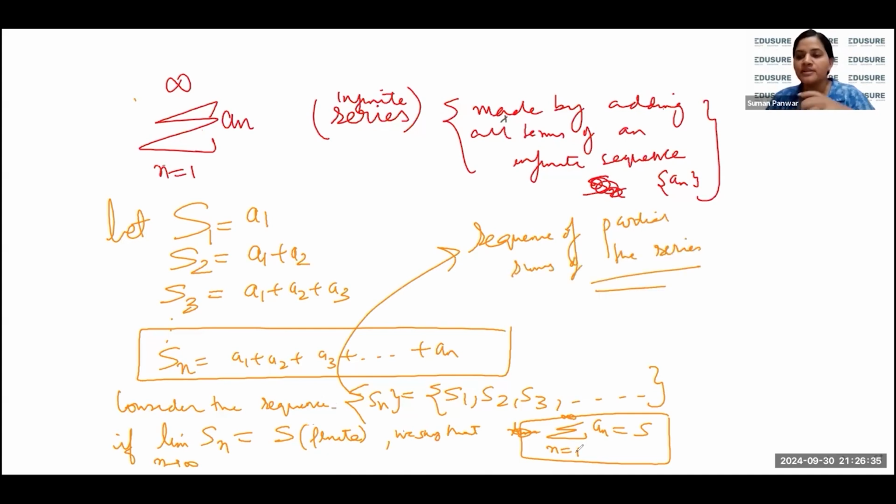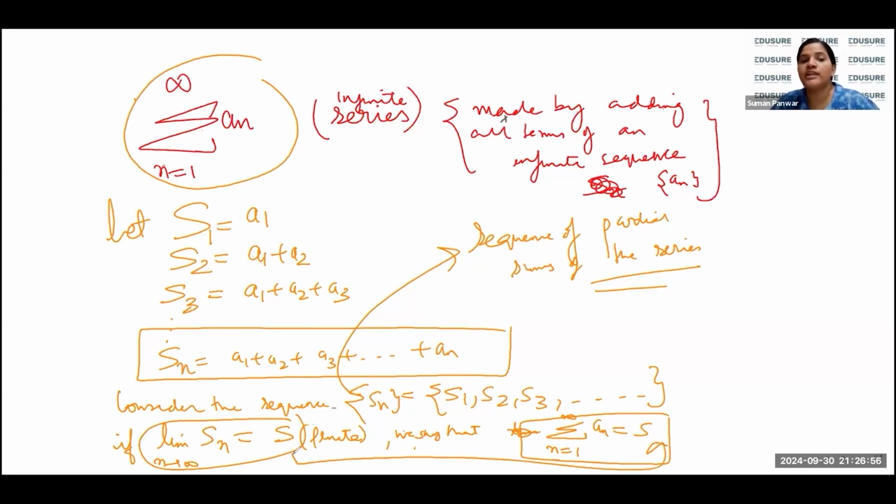We call it partial sum because we are stopping the sum: first term, then first two terms, then first three terms, then first four terms. So this series will converge if and only if the sequence Sn converges. If this sequence converges to a particular number S, then only this infinite series has a sum S.